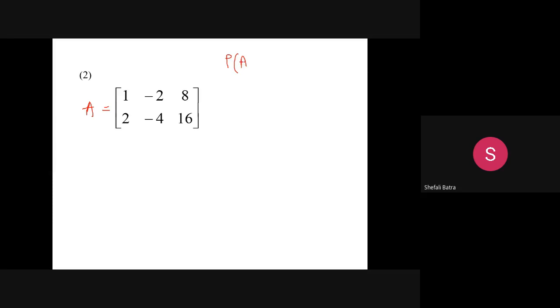Okay, 1. Beta, now you tell me, can I say that the rank of this matrix is 3? क्या 3 हो सकता है in any case? No, ma'am. Why not? Because it's a 2 cross 3 matrix and we can't make it a square matrix of 3 cross 3.